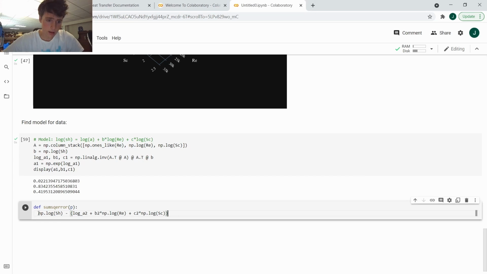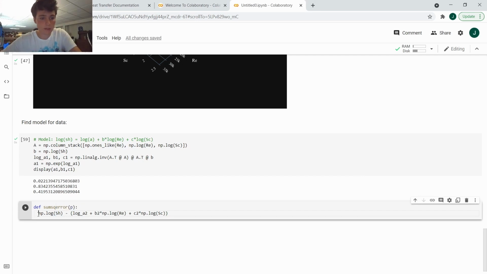But since the difference between our experimental data and our model could be positive or negative, we want to square this so we're only dealing with positive numbers. Otherwise, deviations would cancel out depending on whether they're positive or negative, and we don't want that.